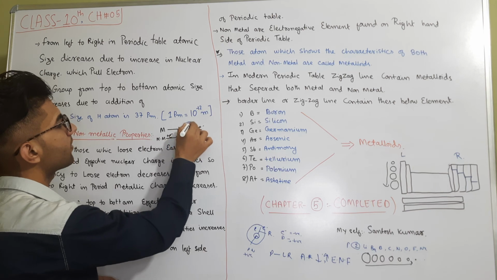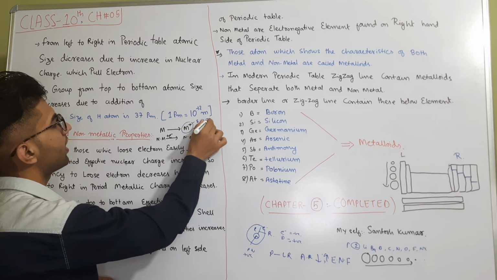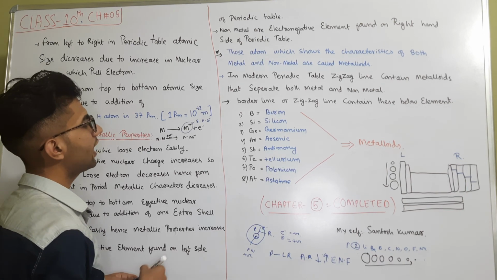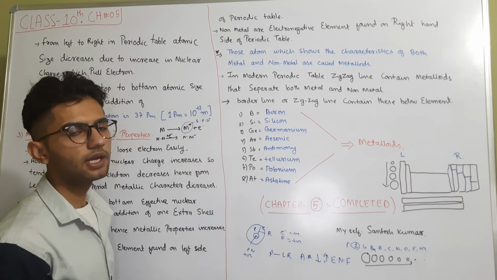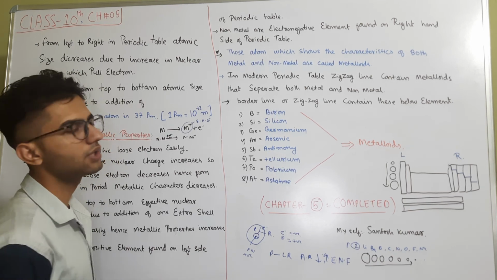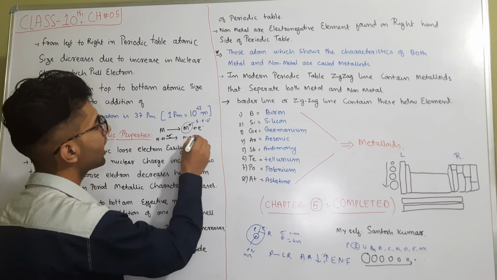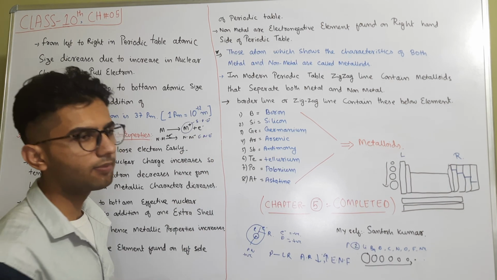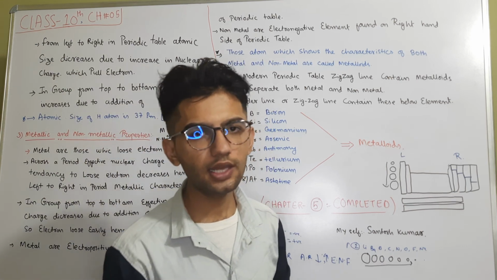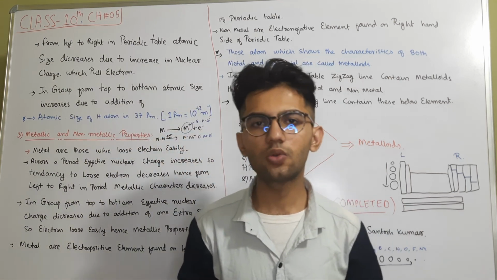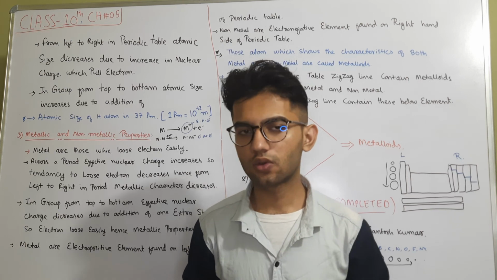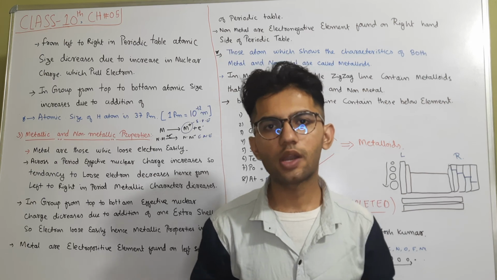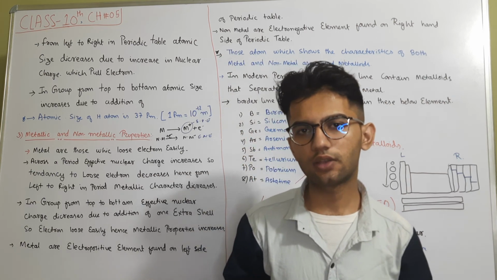So metals are known as electropositive elements. Non-metals gain electrons, and for however many electrons they gain, that much negative charge they acquire, so they are known as electronegative elements. Simply put, metals lose electrons easily and are electropositive due to the loss of electrons, and non-metals gain electrons, acquire a negative charge, and are electronegative.